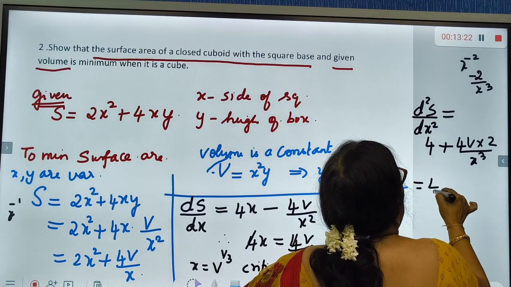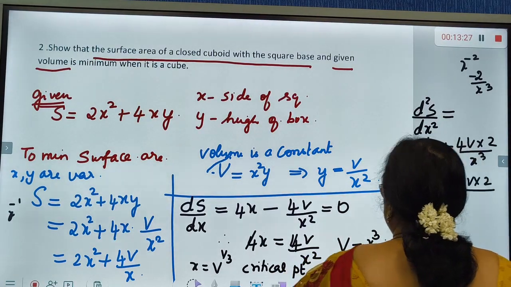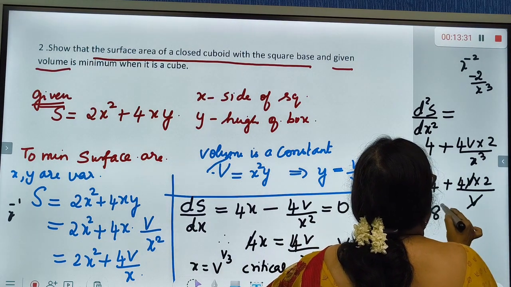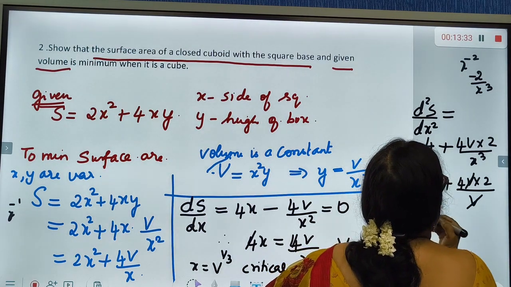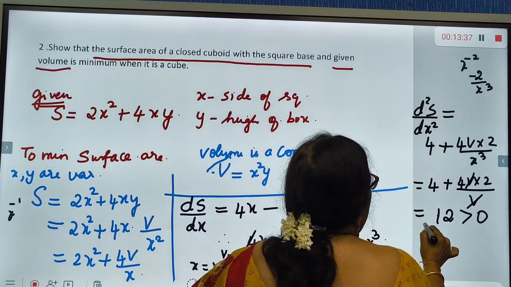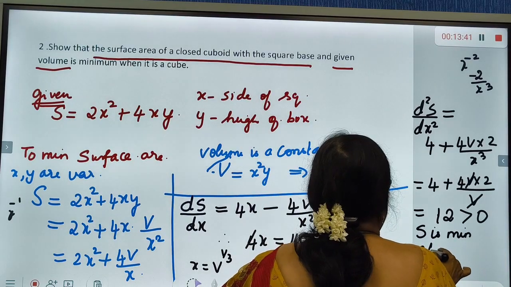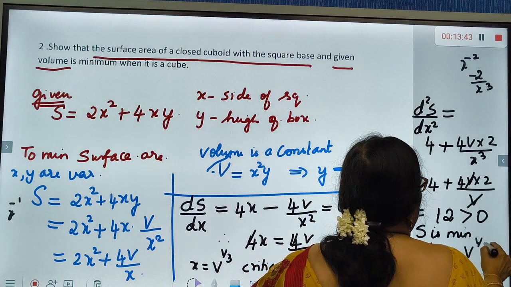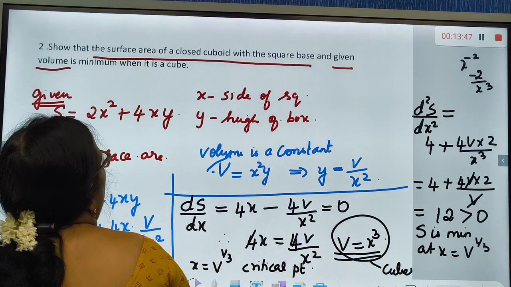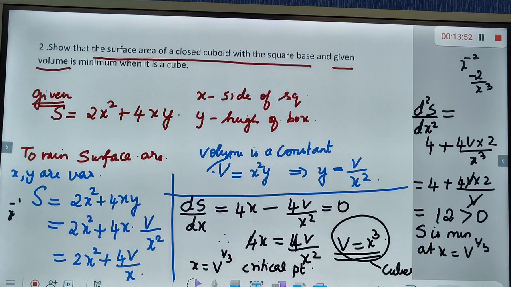This is 4 plus 8, since V by x cube is 1, which is 12, which is greater than 0. So S is minimum at x equal to V power 1 by 3. Since V equal to x cube, the cuboid is actually a cube.